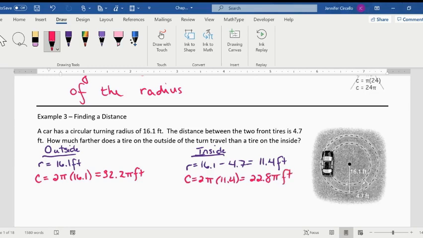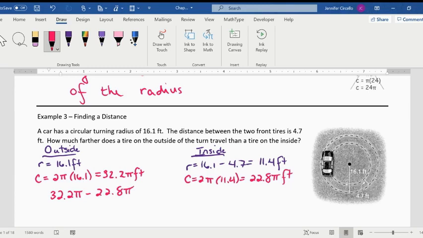Okay, do not put those in your calculator. Try to leave off on putting pi in your calculator till the very end. So the question asks for what's the difference between the inside and the outside circle. So difference means subtract. We're going to do 32.2 pi minus the inside is 22.8 pi. Now is when you put it in your calculator because we are figuring out the answer.